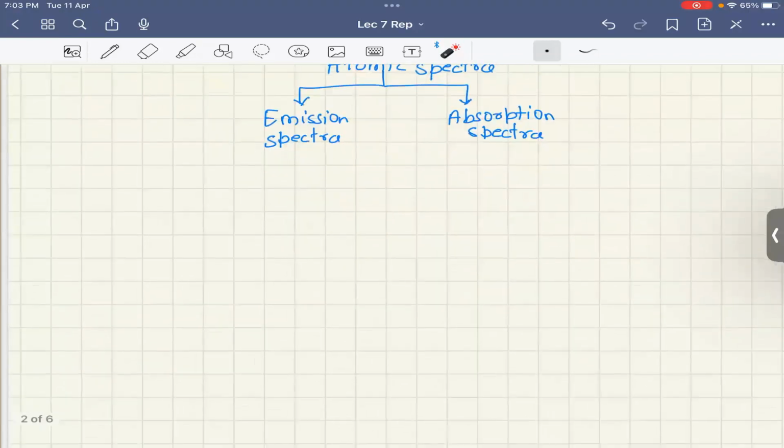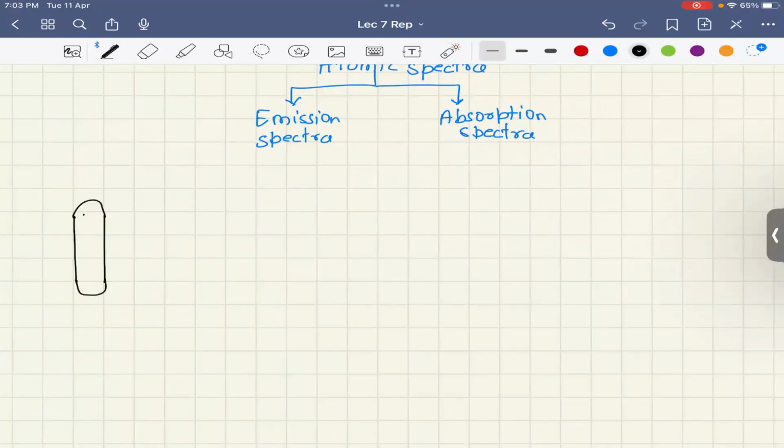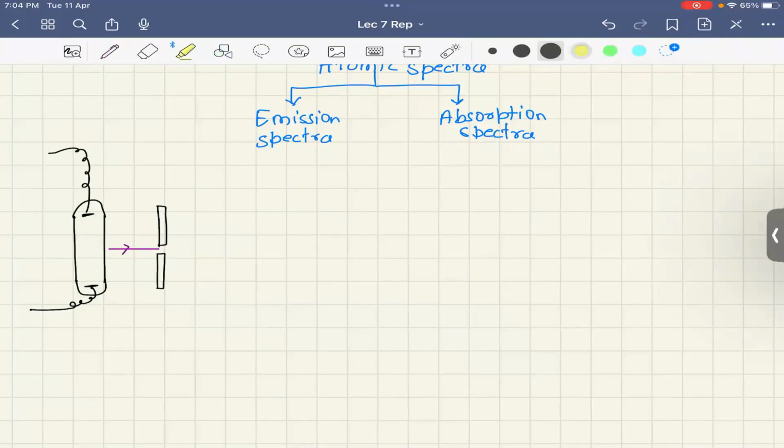What we have here are the tubes, and this is the electric circuit. These are the slits from where the light is going to pass. This is the direction of light, and it is going to pass through the slit.